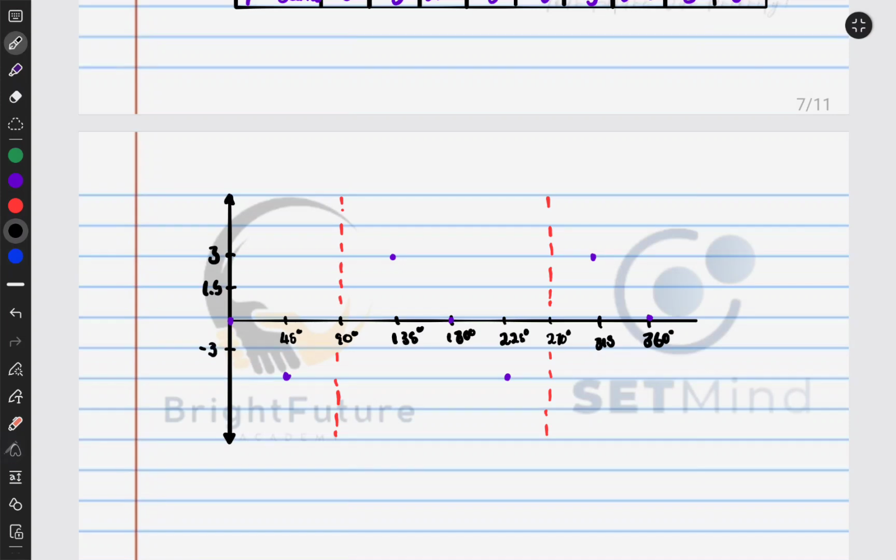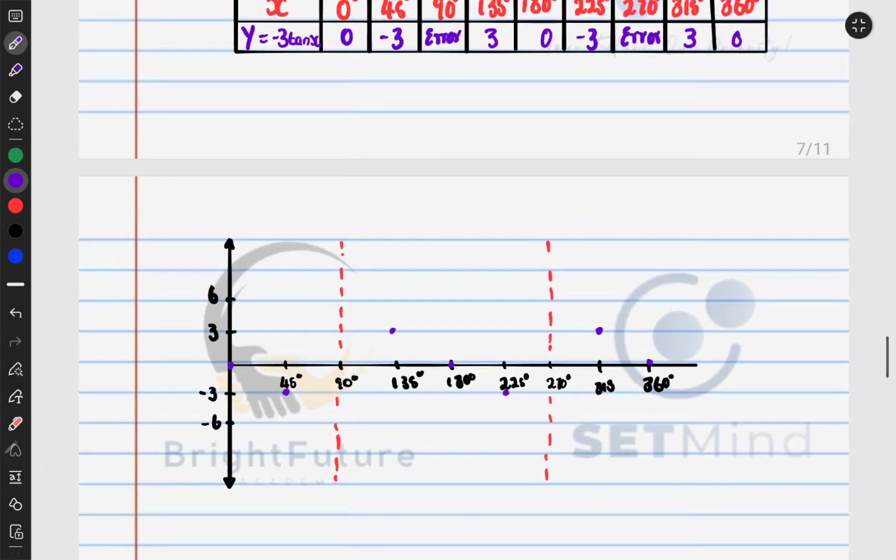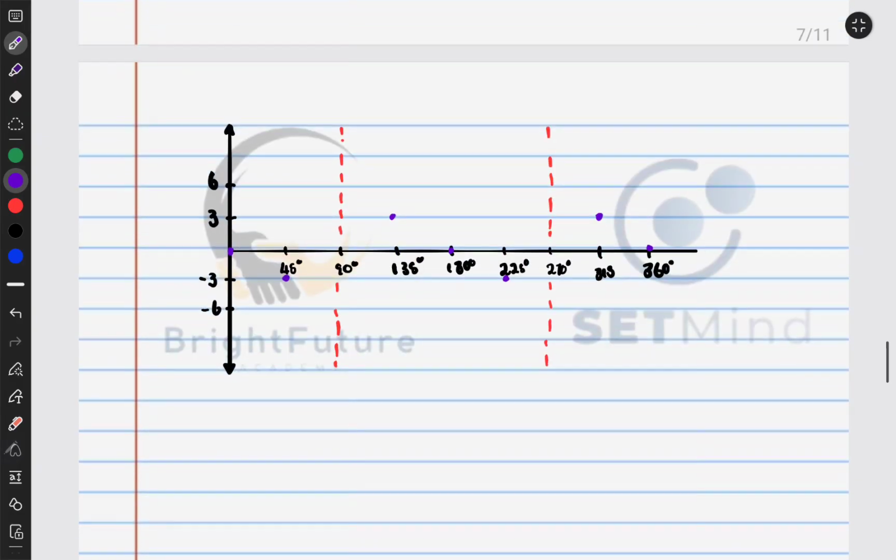Negative 3 here, and then we're gonna have negative 6. Yeah, let's use the intervals of 3 to 6. Then we change the point. This is where 3 will be located, and 3. Yeah, just so we can sketch it accordingly.